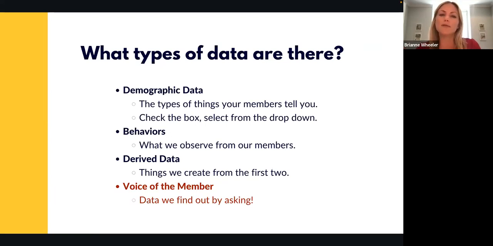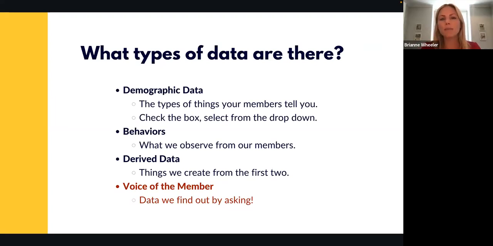And then we have this voice of the member data, which is really what we're talking about today, which is data we find out by asking more. That does sometimes come in the form of demographic data, where you are collecting something in a transaction, but then over time, say somebody is a member for 30 years, you don't know when the last time that was updated, right?